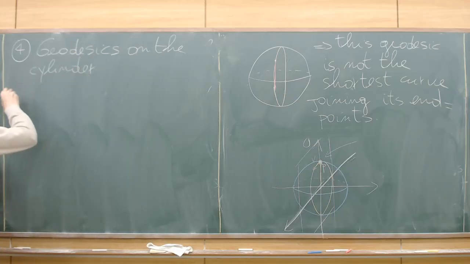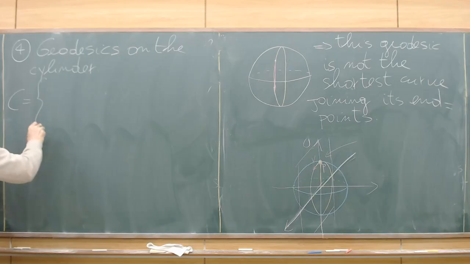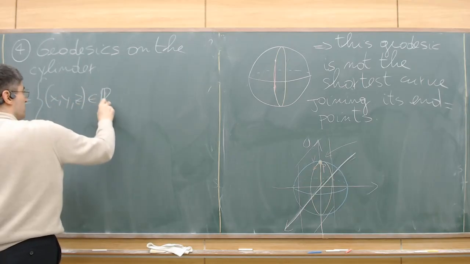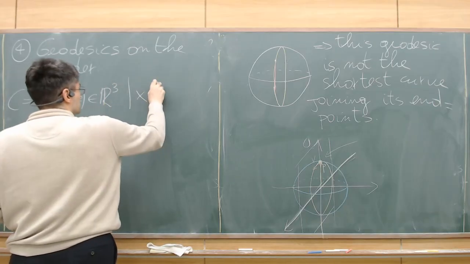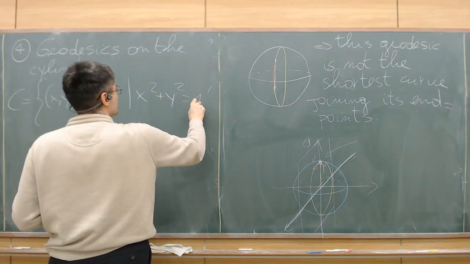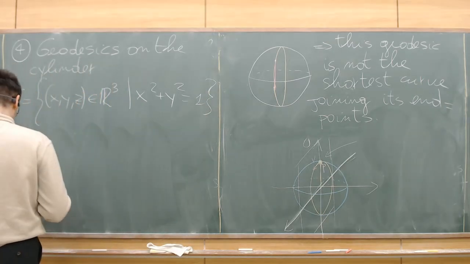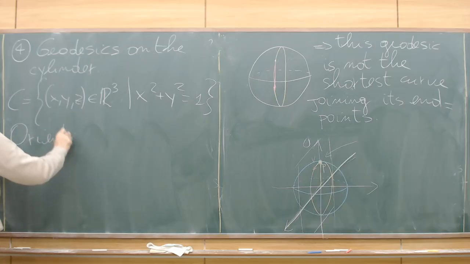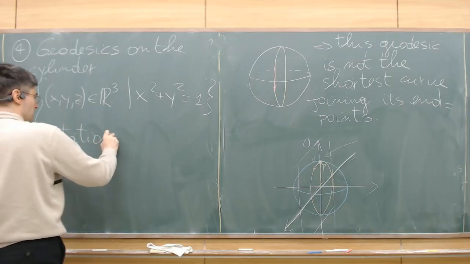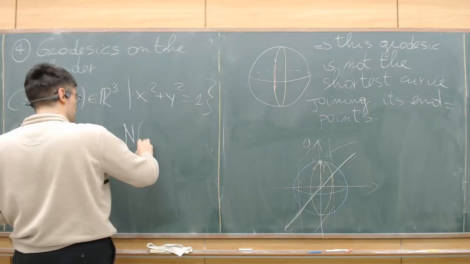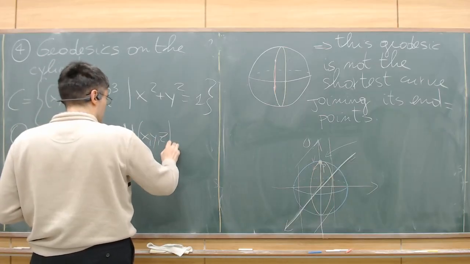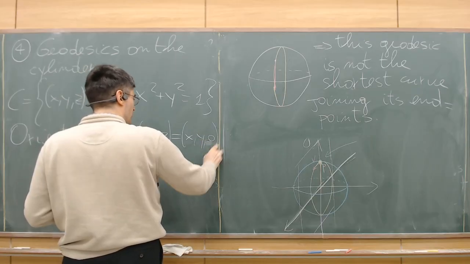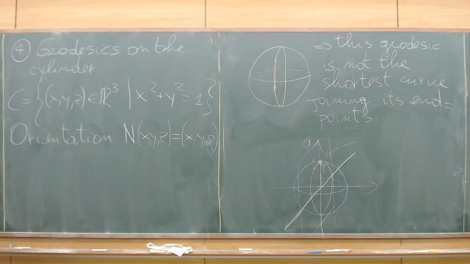For the sake of simplicity, we consider the cylinder of radius 1 with the vertical axis given by the z-axis. Let's choose the orientation N given by this formula.